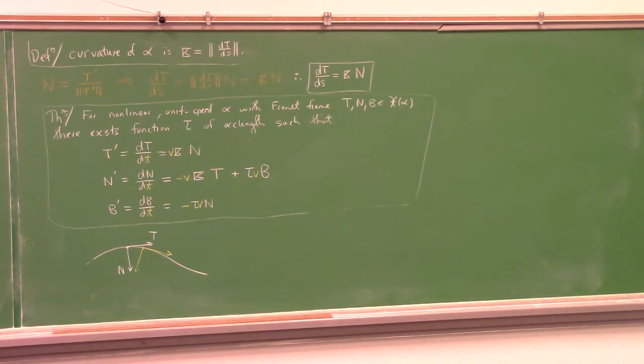It's okay. So if we're going in a circle, then this is more familiar, because if the acceleration is like this, you break it into two pieces, right? You've got the tangential part of the acceleration, which is dv/dt T, and then you've got this piece right here, which is the normal part of the acceleration. But if it's going in a circle, by the theorem I just erased, curvature is 1 over the radius.